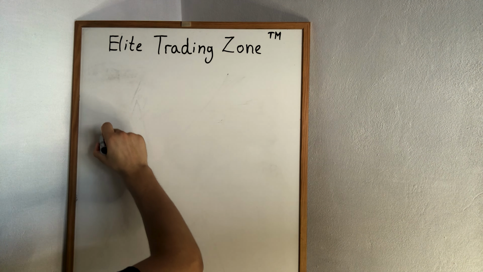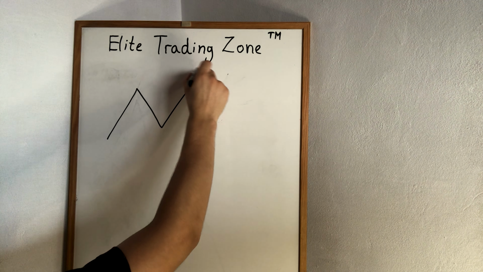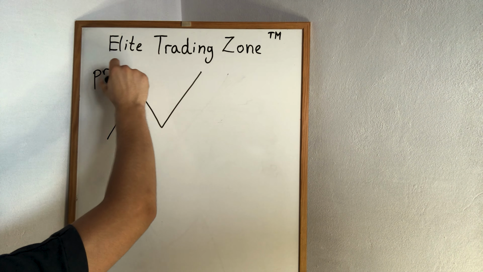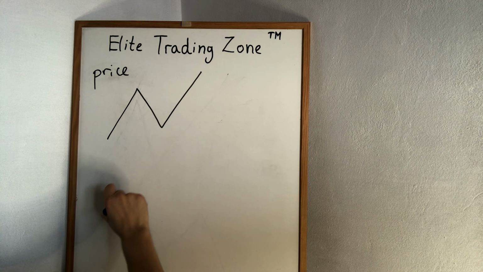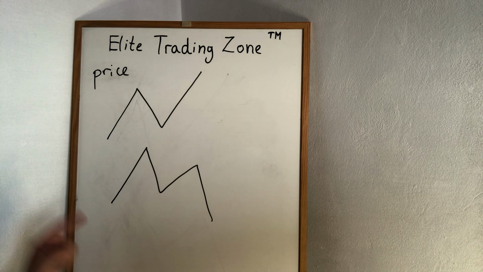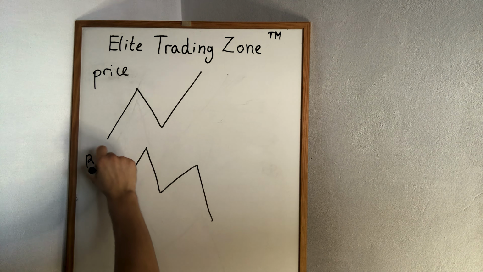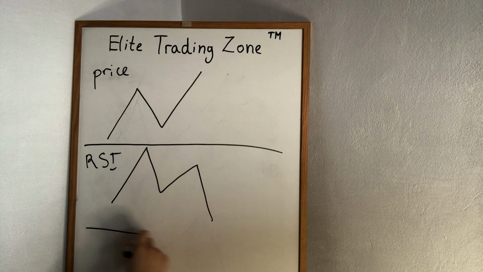Okay, when the price is making a high, then follows another higher high, so this is the price rise. But on the RSI, we are making a high, then a lower high. This is the RSI, Relative Strength Index, okay?